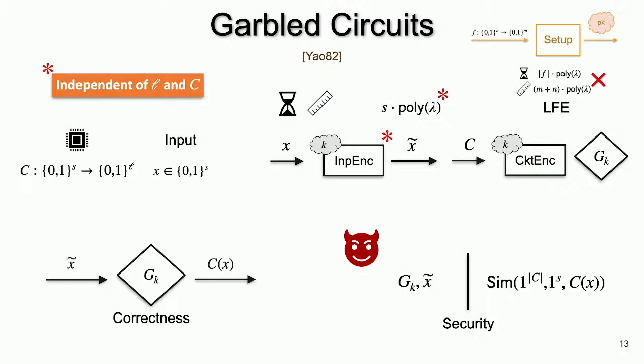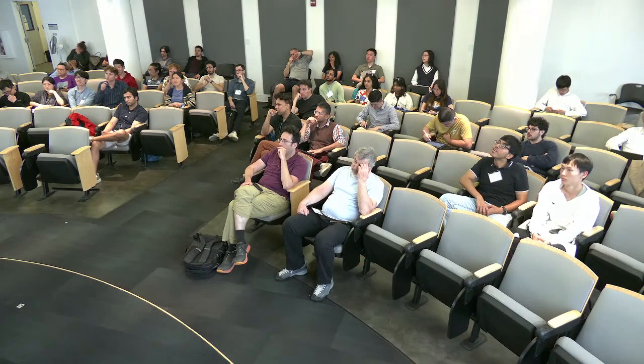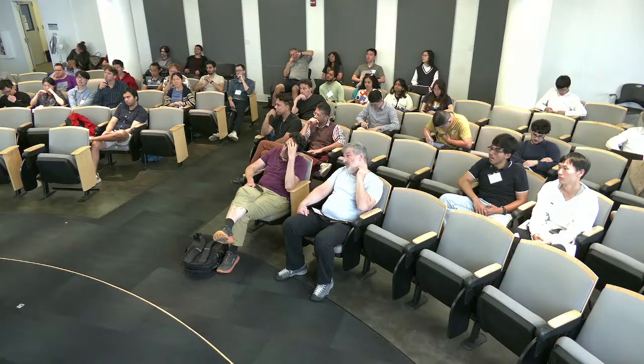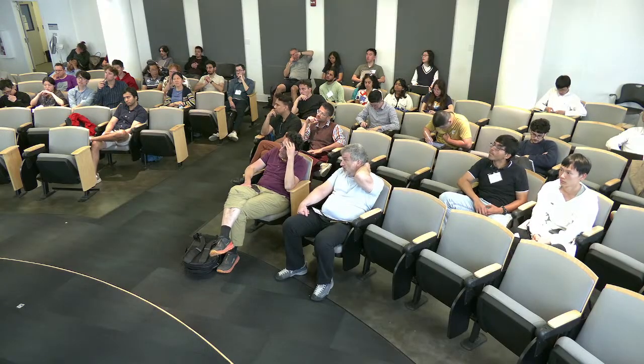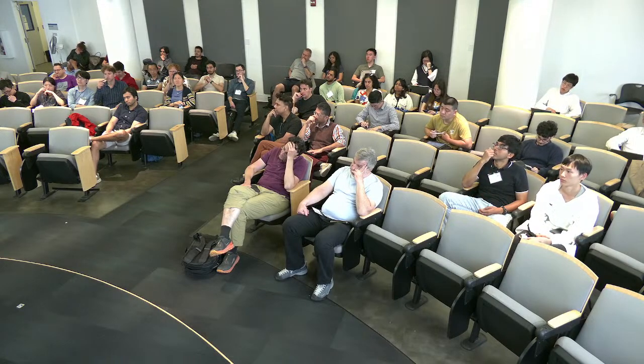Okay, yeah. What would go wrong if you replace this with a reusable gobbled circuit? Okay, that's exactly the question here. LFE implies a reusable gobbled circuit. So I have these G1 to GKs which are in the end going to be gobbled circuits. What if you think, okay, I'm going to get even more compression and just use reusable gobbled circuits?